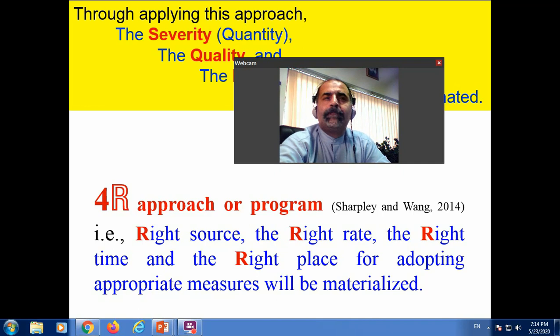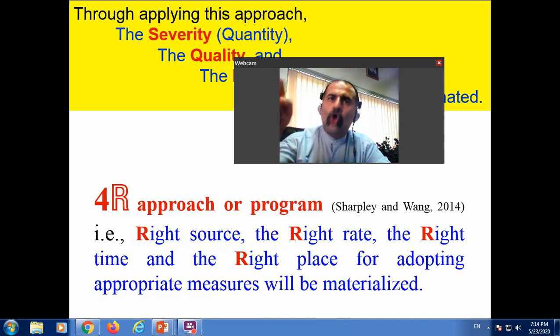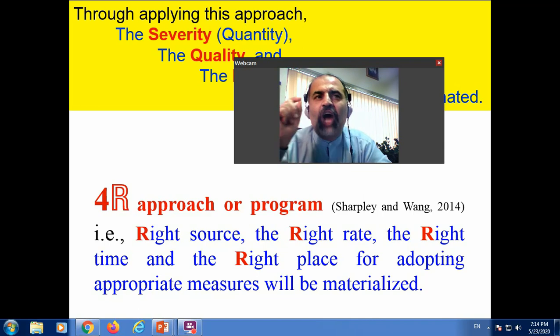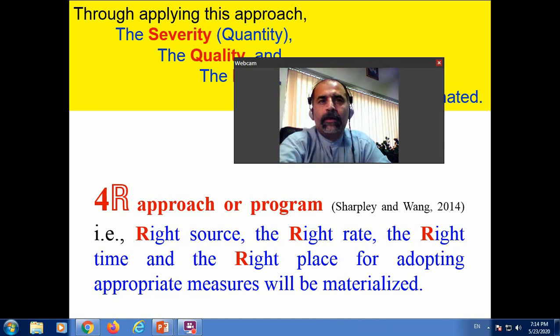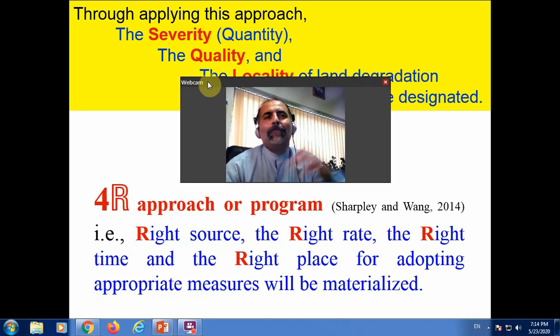Right time. Whenever we are finding out the appropriate strategy to be conducted for the proper management of the watershed, it shows us when and at which time exactly we have to go for our practices. At the early stages of protection, we can have even best management practices and low impact developments.